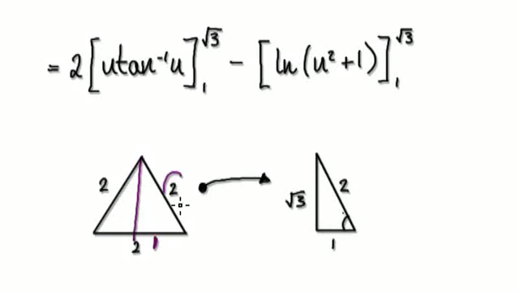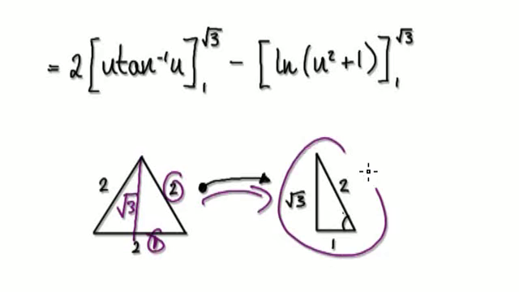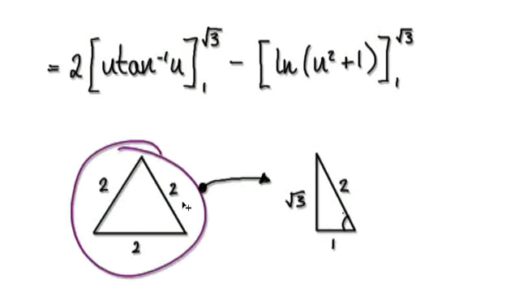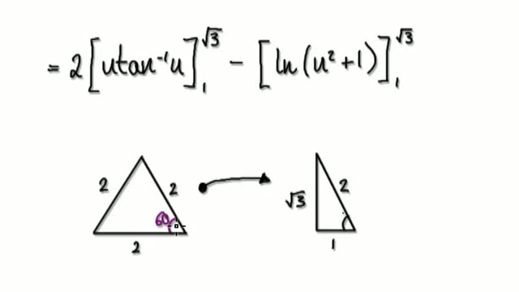This would be 1, and then by using Pythagoras, this must be root 3. So it will then give you this. Well, if you look at this triangle here, this is 60 degrees. Well, 60 degrees in radians would be pi over 3. So this thing here would be pi over 3.